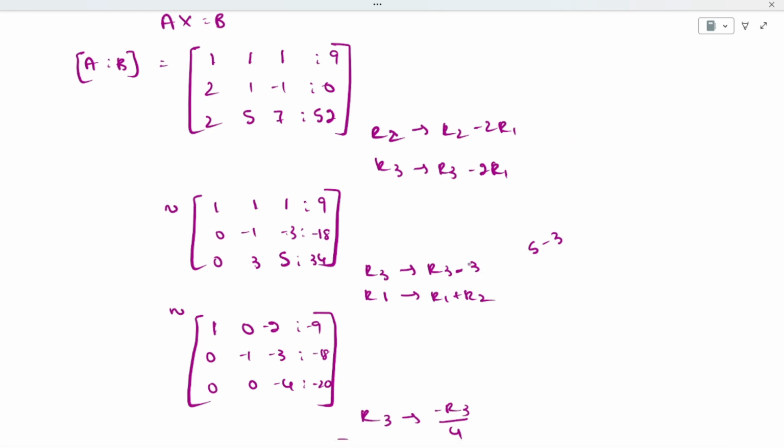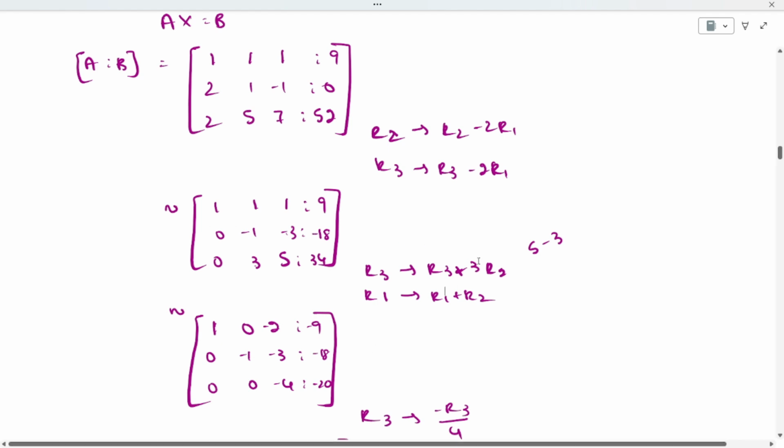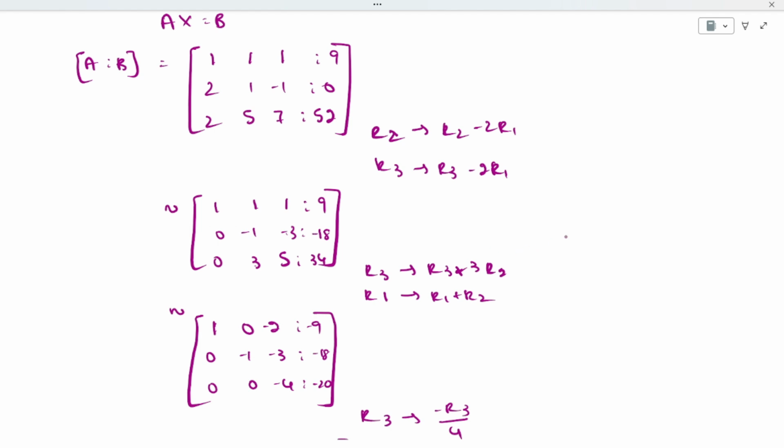Okay, here we have done with respect to R2. Here it is plus only. How? I'll show you. See here, when we take R3 and R2, here it is 3 and there is minus 1. So you have to add what? 1. That will become 3 minus 3. Okay, that will become 0.